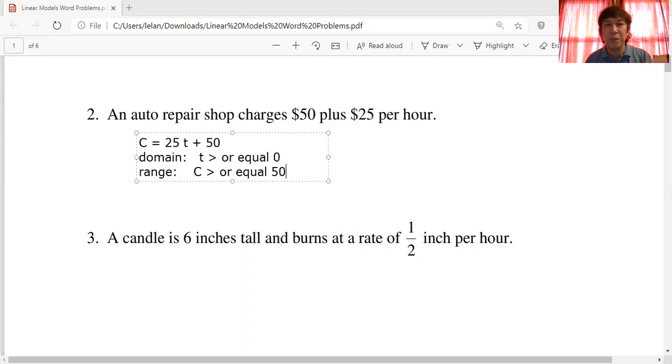So this will be the domain. It's from 0 time, 0 hour, up to some higher positive time. And then our cost or charges starts with 50 or higher. So our range is greater or equal to 50.